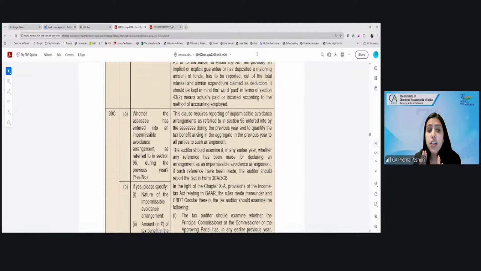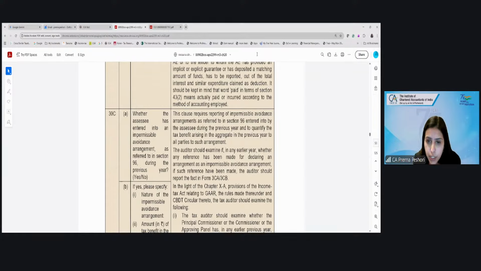He may not have sufficient access to the books of accounts and other records of the other parties to the arrangement, because the arrangement can be with multiple parties. It is not only with the assessee himself, obviously he will not have any arrangement with himself. He may, for example, give loans to other parties, which may not be bona fide.